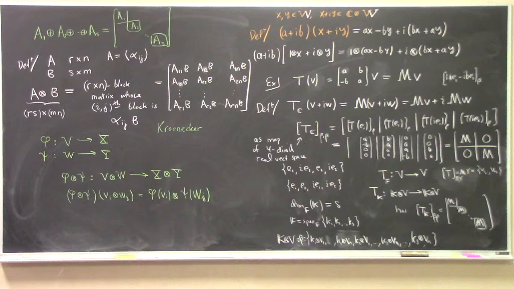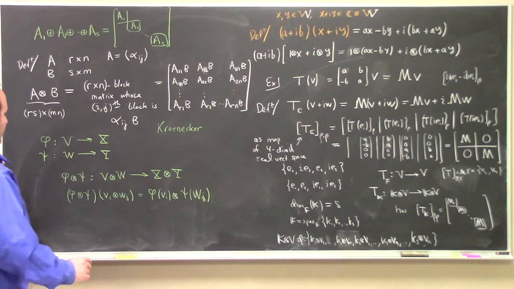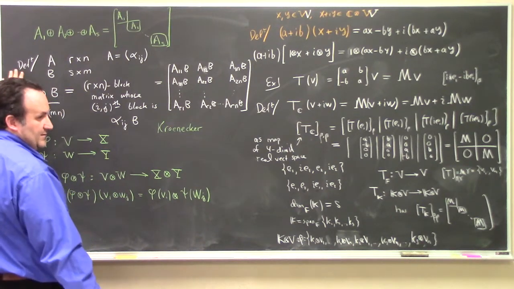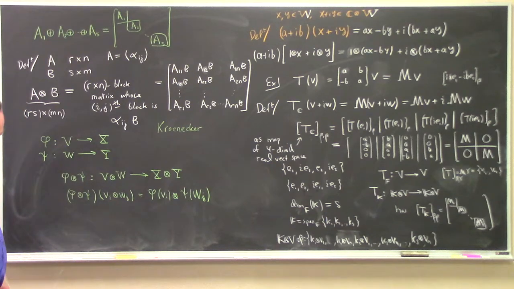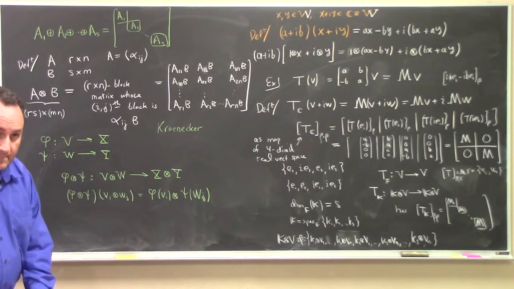Anyway, I think this is interesting in that there's also a tensor product for matrices. You can build bigger matrices from smaller matrices, and it's also an associative product. So if you were to look at the Kronecker product of A, B, and C, you can go either way.